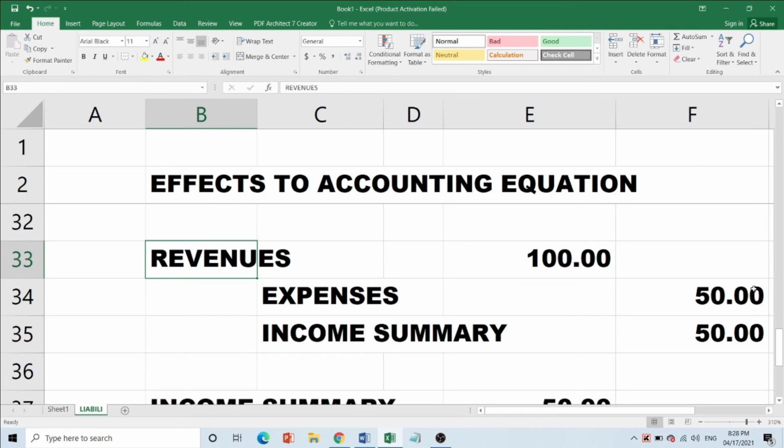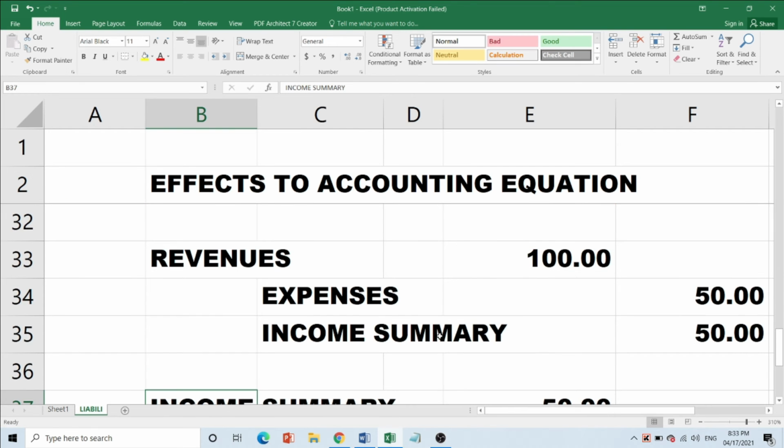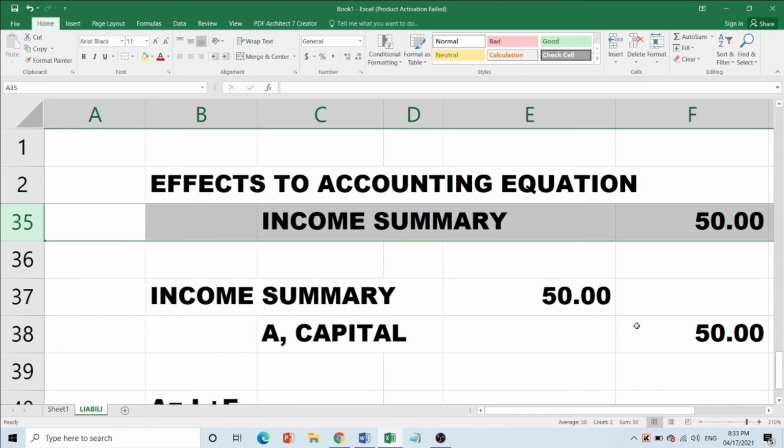Any difference, revenue minus 100 minus 50, that must go to the income summary account.